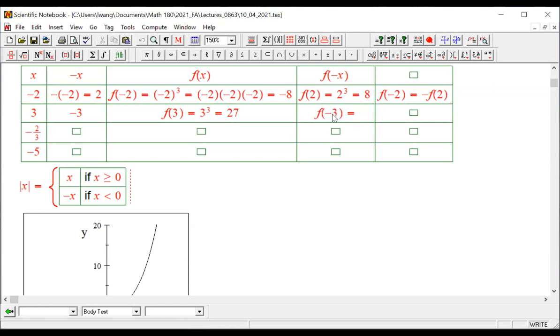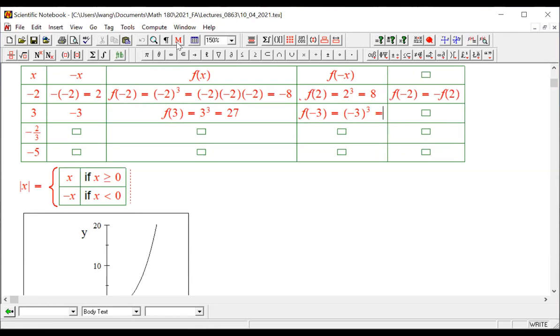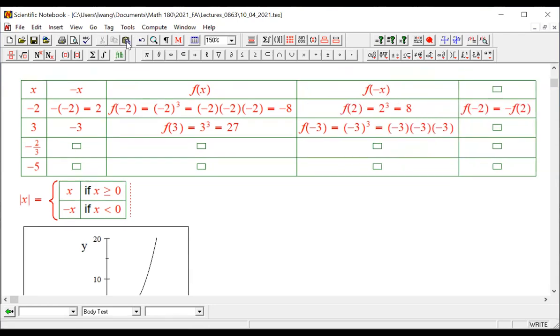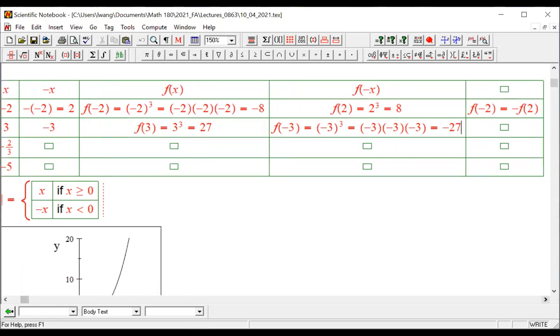So that's going to be negative 3 to the power of 3. And negative 3 to the power of 3 is negative 3 three times, equals negative 27. Right? I hope these exercises really give you some hands-on practice.